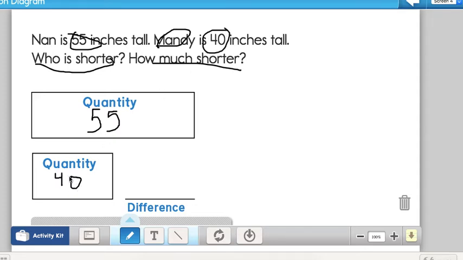And we want to think, 40 plus what will get me to 55, or 55 minus 40 equals question mark. And when I do that math problem, I get 15. Let's take a look at one more.